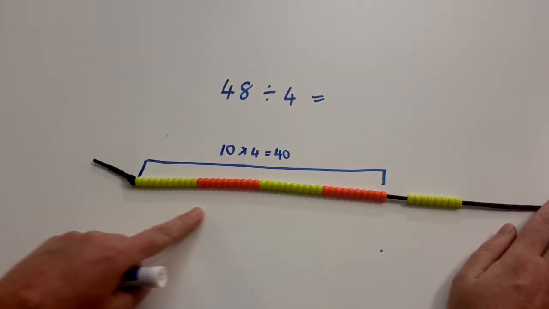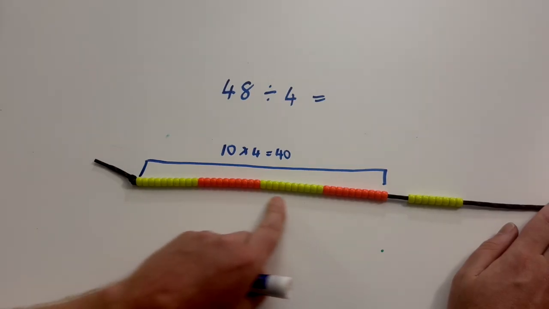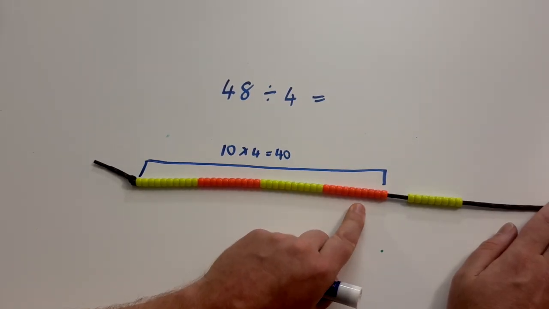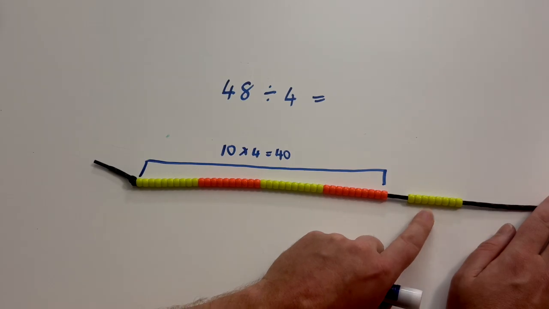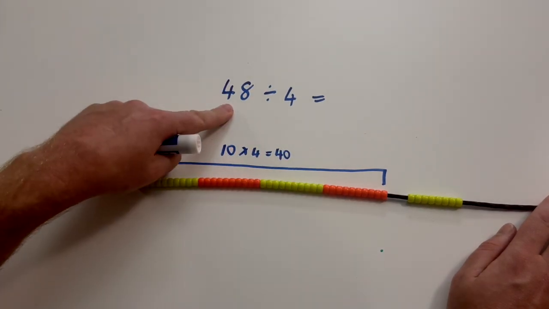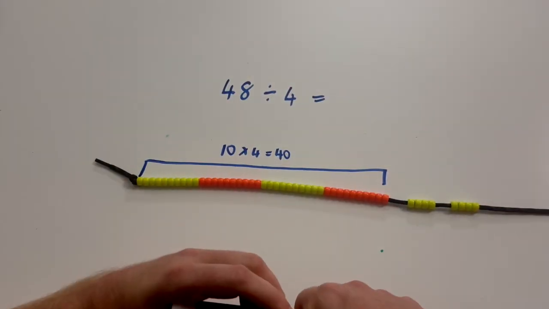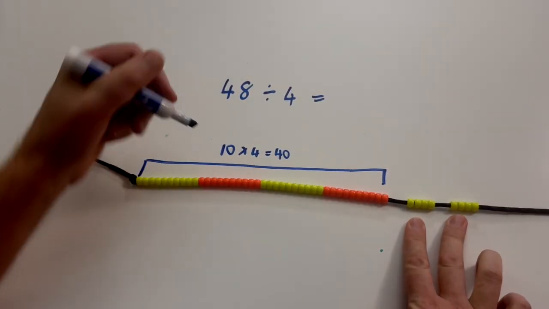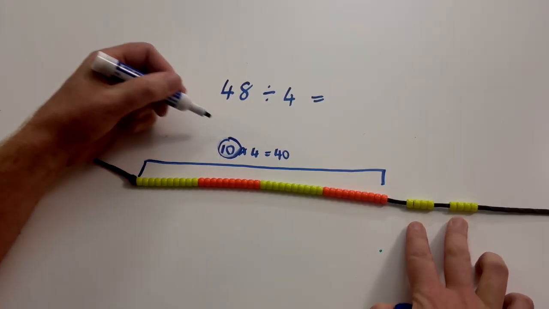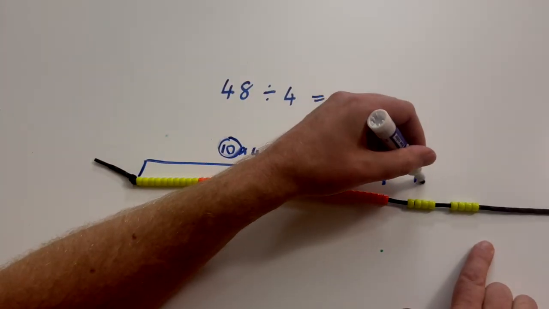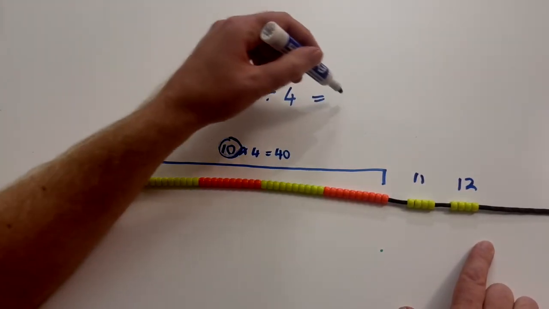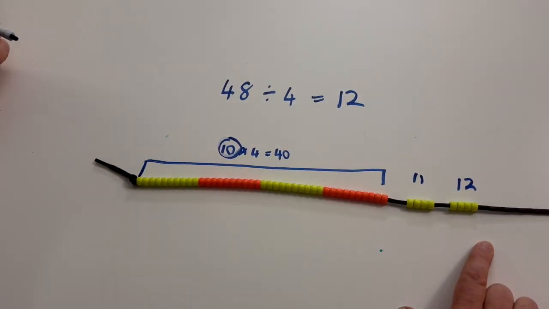So without even needing to split this up, I know that there's going to be 10 4s in there. And so then I just have to work out, well, how many more 4s are there in 48? And knowing that I've got 8 left here, I can split that up into an extra 2 4s. So I've got my 10 4s from my 40, 11 4s, 12 4s. There are 12 4s in 48.